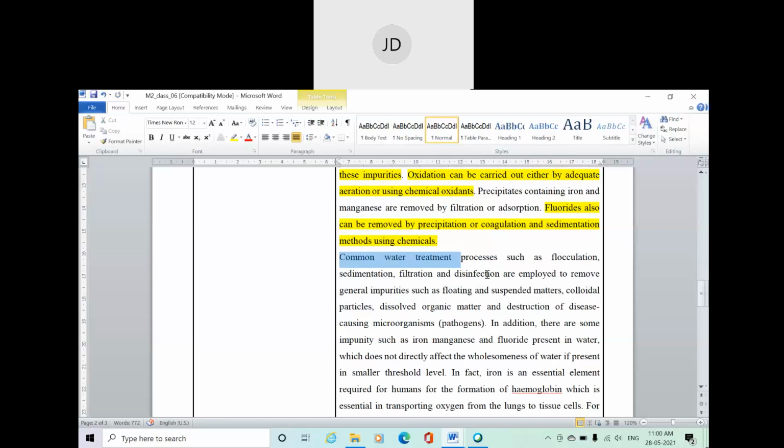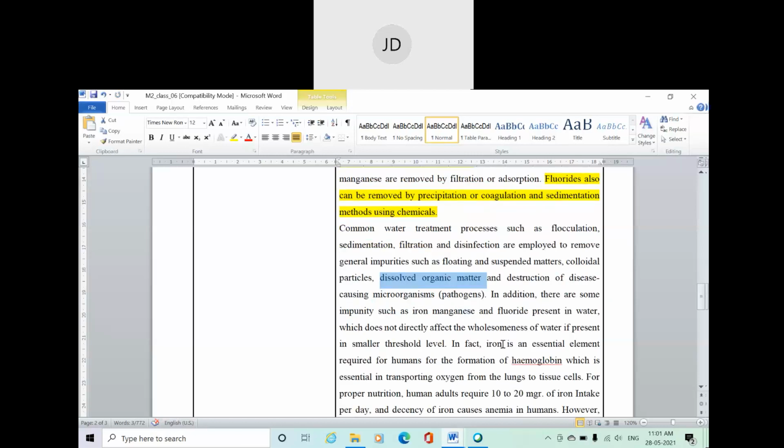Going through this process, we can remove all the impurities such as floating or suspended matters, colloidal or reactive particles, dissolved organic matter, or other pathogenic microbes, that means harmful or disease causing microbes.